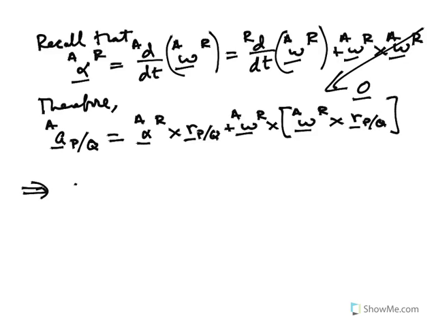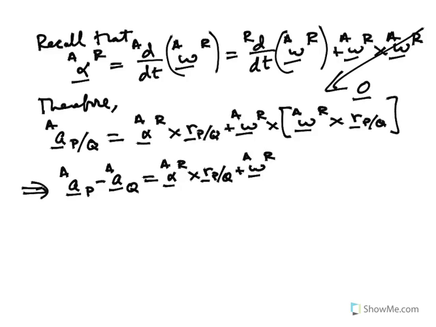From which we can write this out in full form: the acceleration of p in A minus the acceleration of q in A is equal to alpha Ra crossed with the position of p relative to q plus omega Ra crossed with omega Ra crossed with Rp minus Rq. So that's the second result.